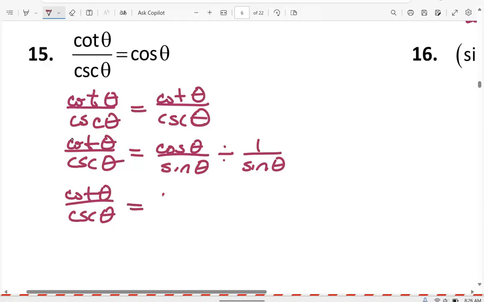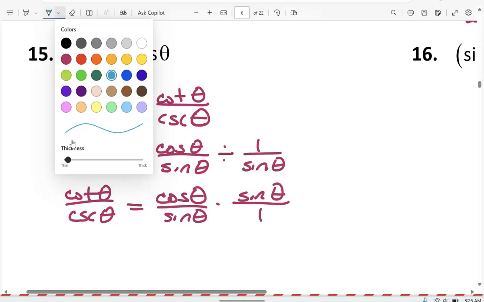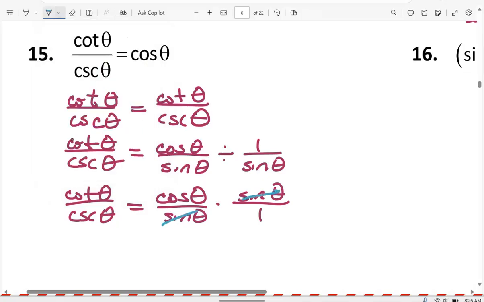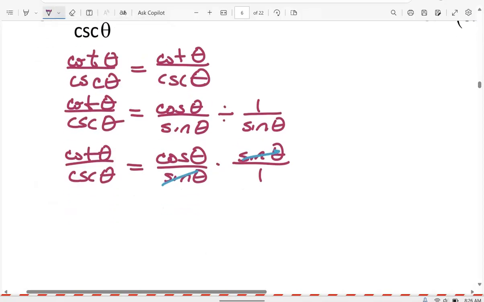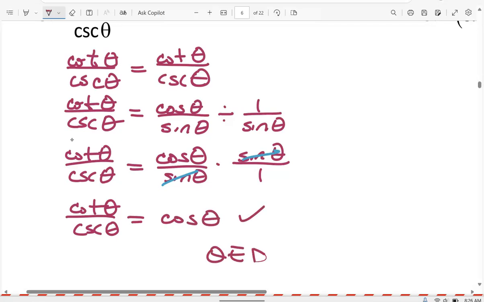Leave the left side alone, and we can invert and multiply, and then cancel our common factors of sine, and now we have the cotangent of theta divided by the cosecant of theta is equal to the cosine of theta. And now that we've proven what we need to, we are done with that proof.